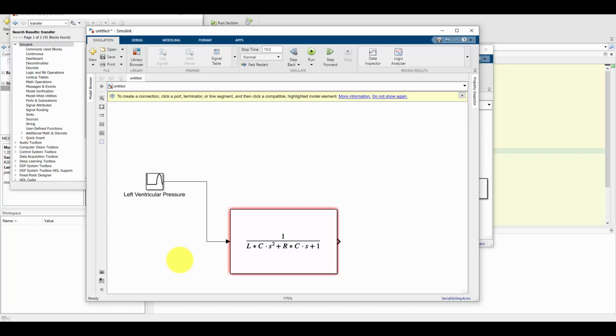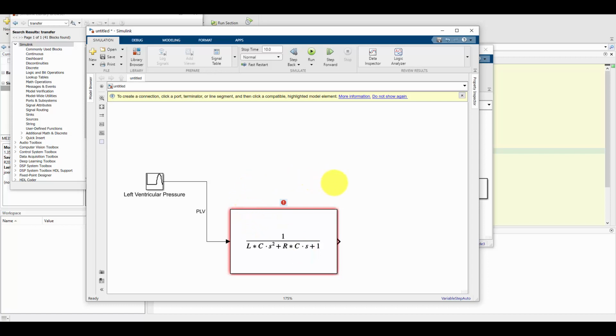The output is going to be the sensed pressure, P sub S. I can double click and label this: this is PLV going in. When we're ready for the output in a minute, we'll get to that. Right now it's red because it doesn't know at the moment what L and C and R are.